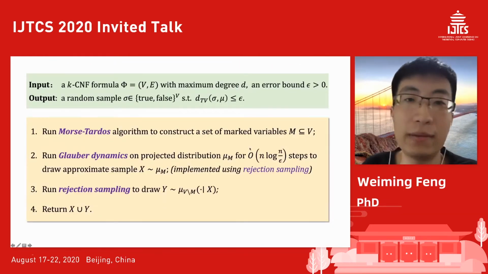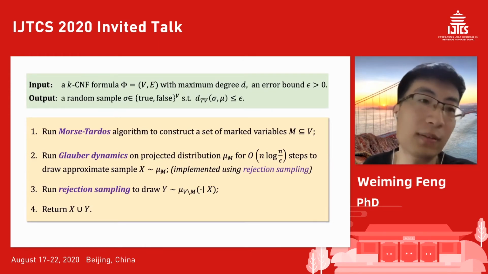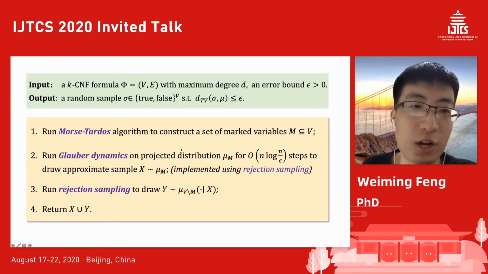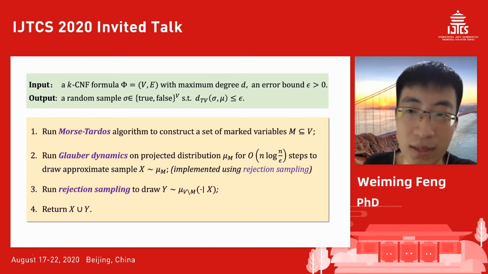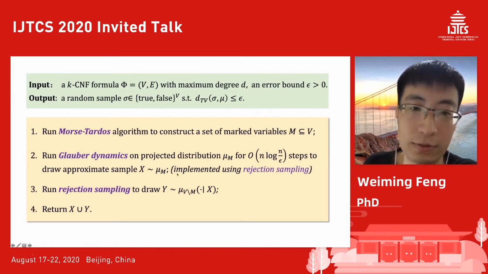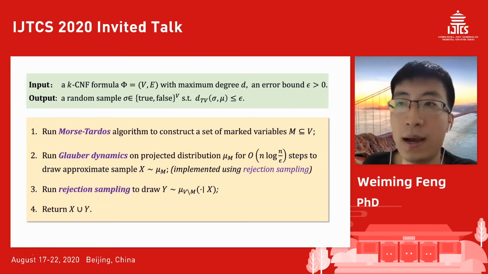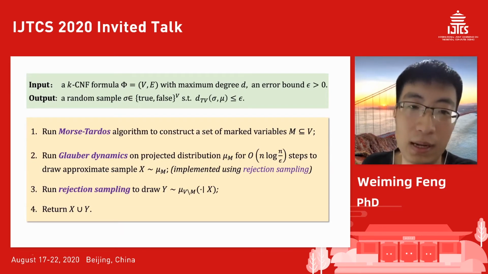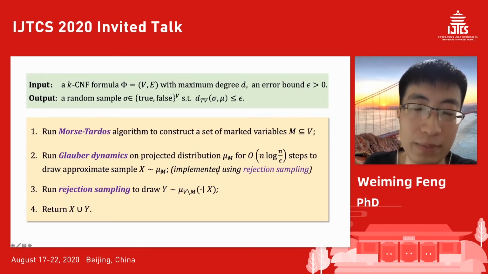Now, by combining the previous steps, we can obtain our final algorithm. First, we run the marking algorithm to construct a subset of marked variables M. Then we use the global dynamics on the subset M to draw a sample X from the distribution mu M. Here, for each step of the global dynamics, we use the rejection sampling to implement the transition.